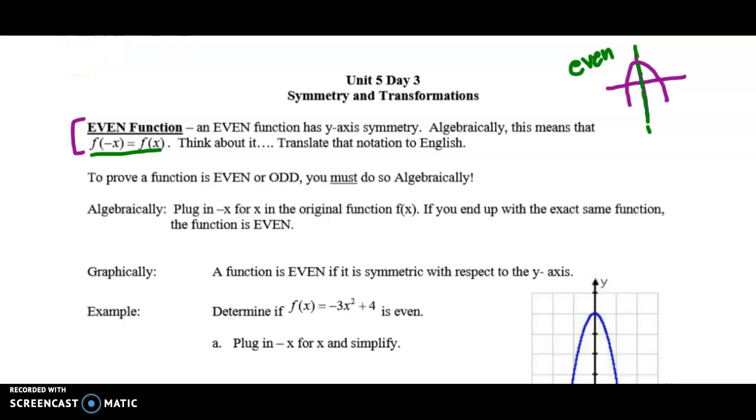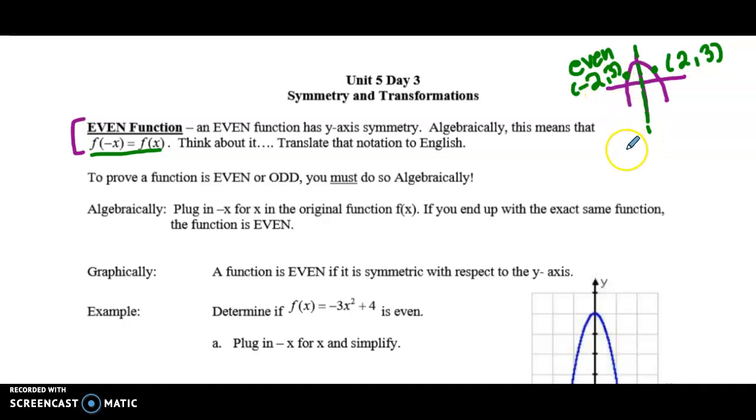Let's think about some ordered pairs that would show that this is symmetric about the y-axis. Let's start with this ordered pair right here. Let's say this has the ordered pair 2, 3. Then over here, this would have to have the exact same height, so this ordered pair would be -2, 3. Those y values have to be exactly the same.